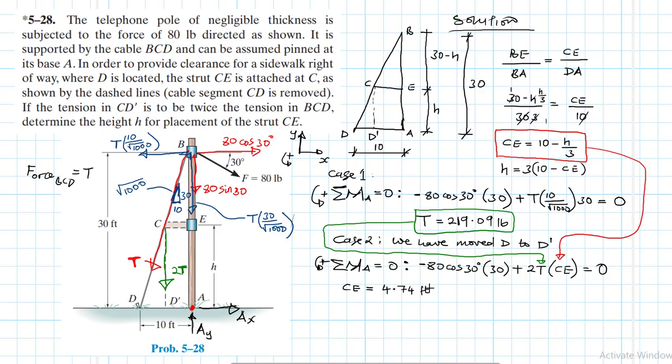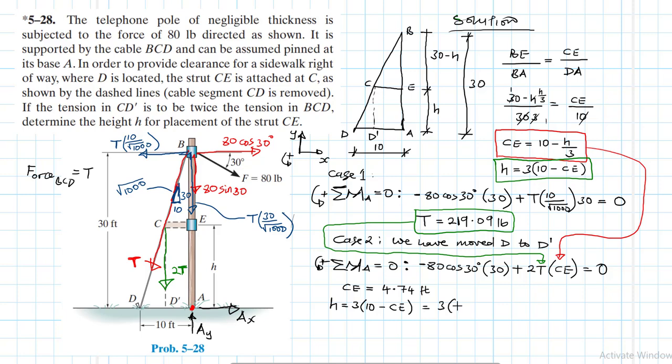Alright, so once we have this, then we've been told, or we have done our calculation ourselves, to say H is going to be this. Okay, so we use this equation now, which we found, and replace our CE there. So H is equal to 3 times 10 minus CE.